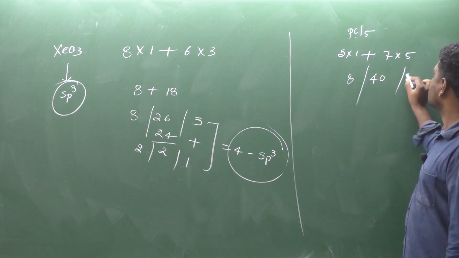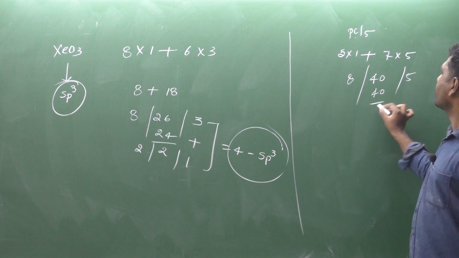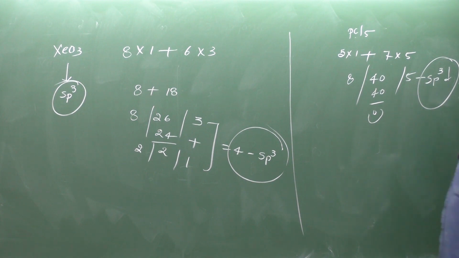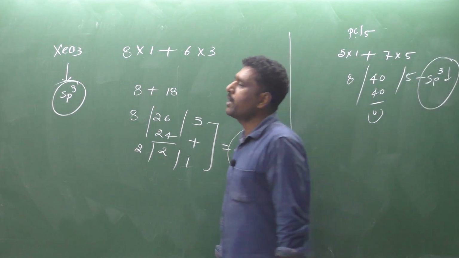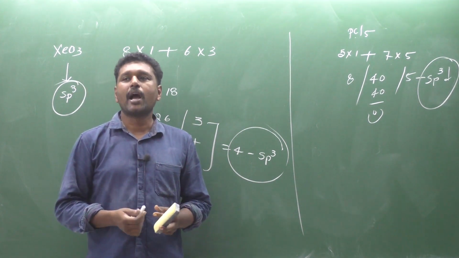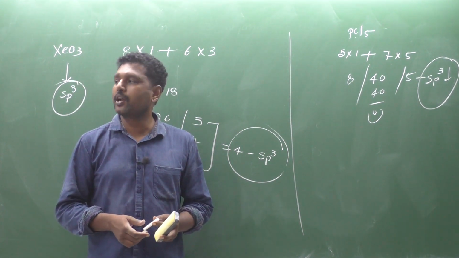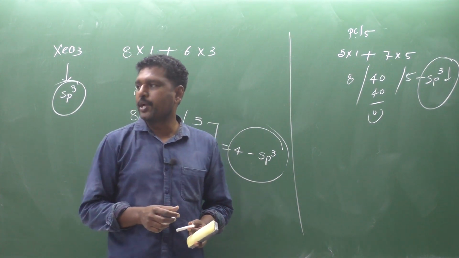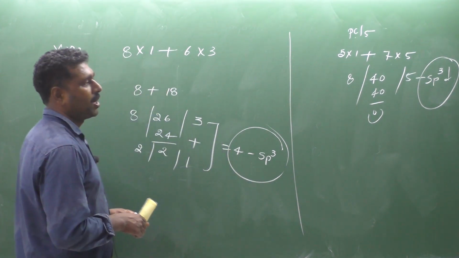Divide by 8, 5 times, 40. Therefore, sp3d hybridization. So this is about hybridization of inorganic molecules.